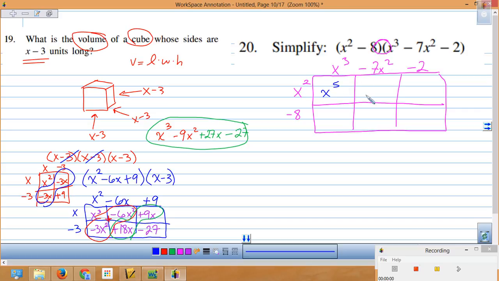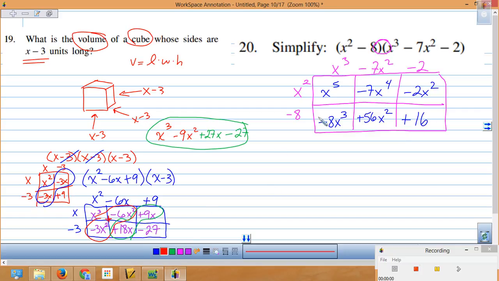X squared times negative 7x squared is negative 7x to the fourth. X squared times negative 2 is negative 2x squared. Negative 8 times x to the third is negative 8x to the third. Negative 8 times negative 7 is positive 56. And then x squared will come down, and negative 8 times negative 2 is positive 16.